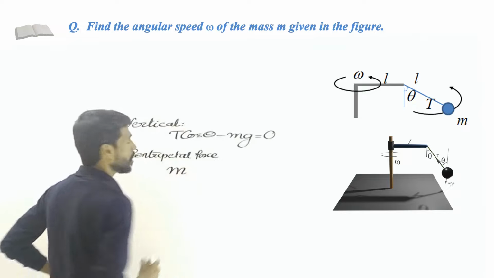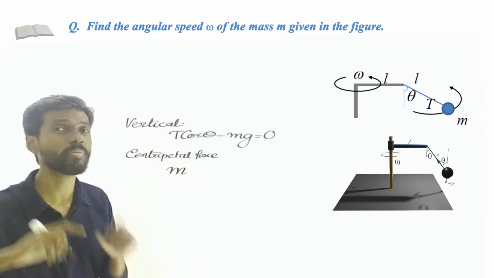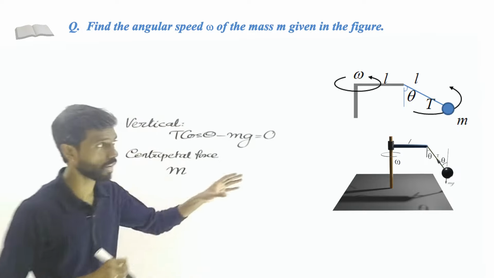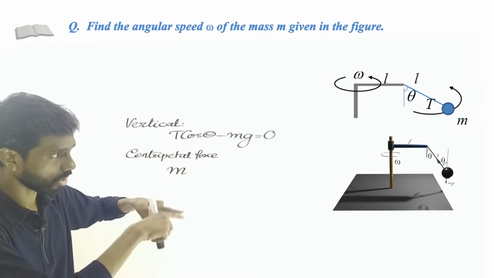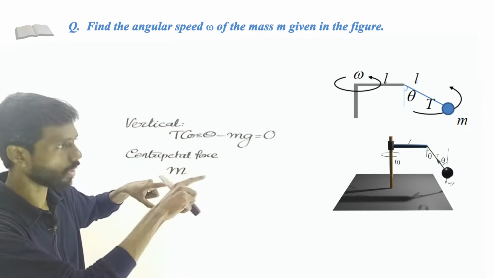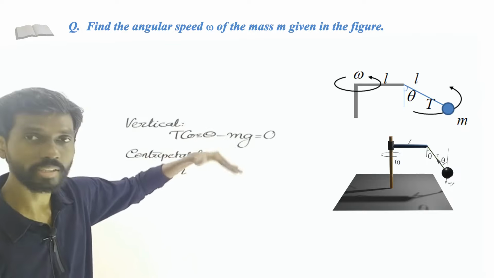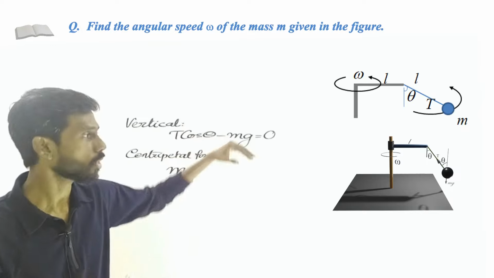So m r omega square. Omega is known, right? The angular speed. So m r omega square. But what is r? That you have to find, directly not known. So r is the total radius, right? From that post to that object. So what is the distance? That is L plus the component of that L. L is the length of the string here.